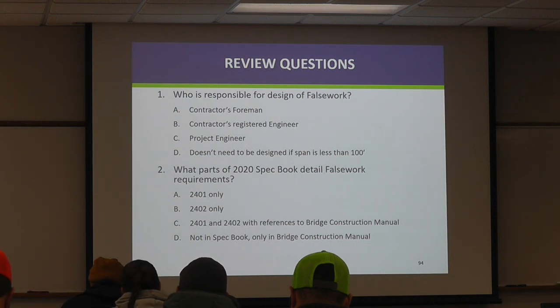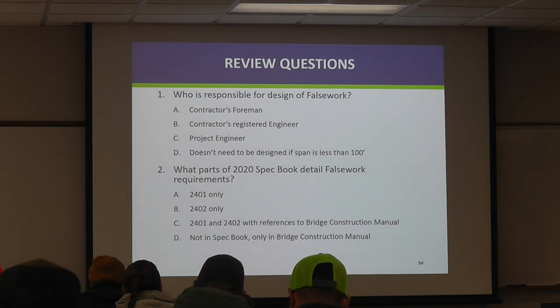Couple questions then. Who's responsible for design of the falsework? Foreman, contractor, engineer, project engineer, or does it need to be designed if it's less than a certain height? B, contractor's registered engineer. That is correct.